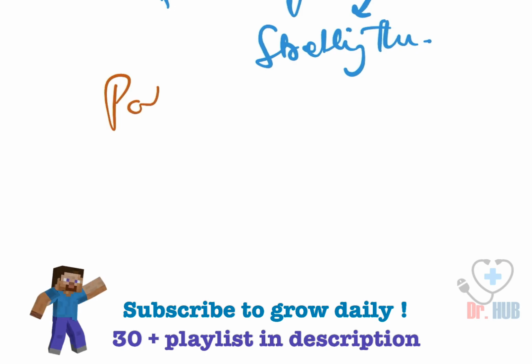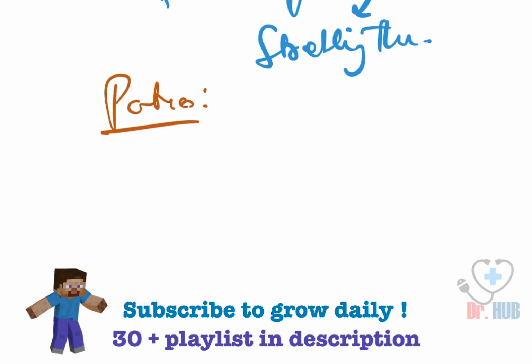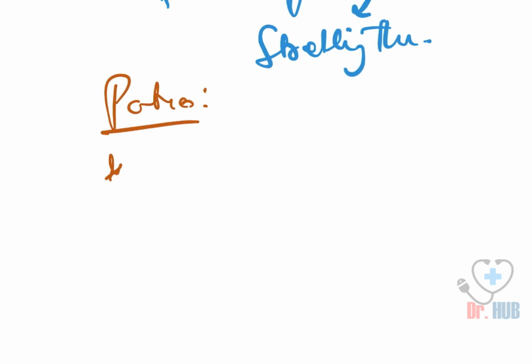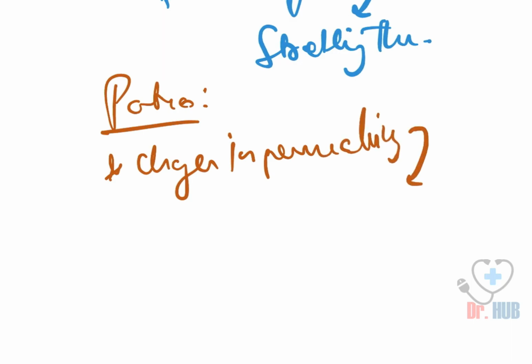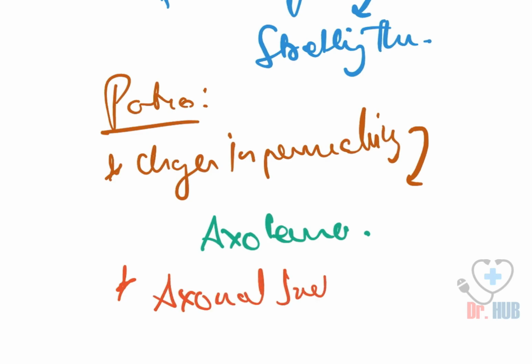Now we are looking at the pathology of diffuse axonal injury. This is nothing but changes in permeability, and the change in permeability is of the axolemma. Next is the axonal swelling.